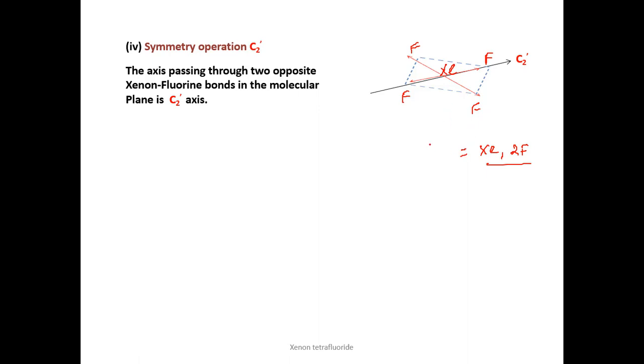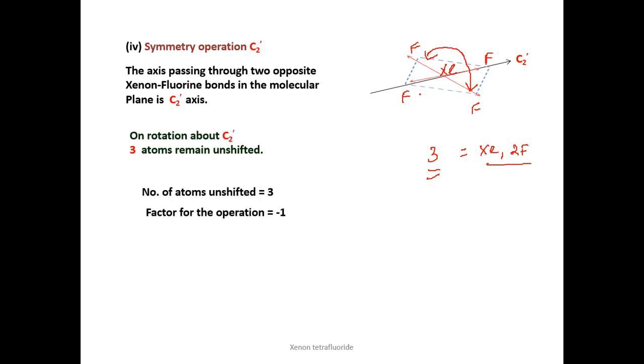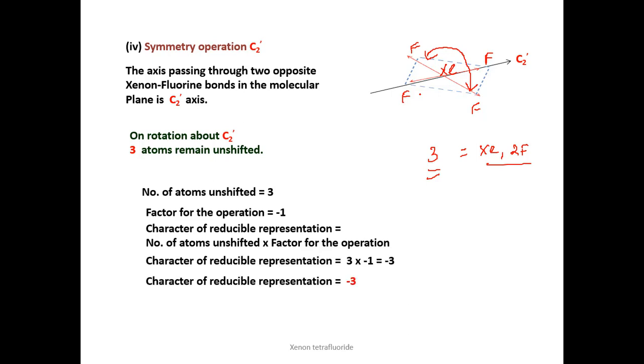So totally three atoms, and these three atoms will not shift during rotation about C2 dash, whereas the fluorine which is present here will come here, the fluorine which is present here will go there, and so the number of unshifted atoms will remain 3, and the factor for the operation is minus 1, as we have earlier seen, and the character of reducible representation is number of atoms unshifted into factor for the operation, equal to 3 into minus 1 equal to minus 3.